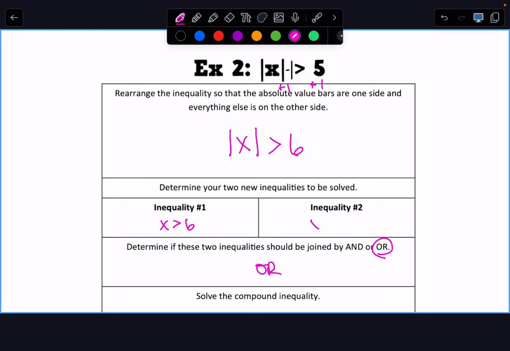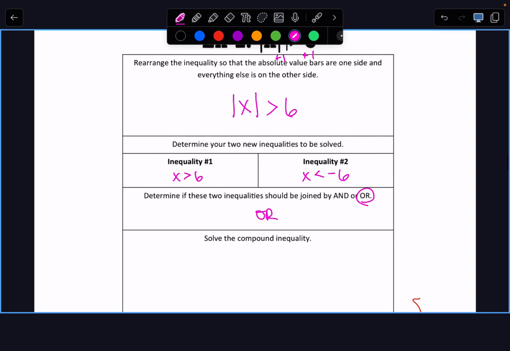We ditch the absolute value sign, we change the sign, change the sign. So what we're dealing with, x is greater than 6 or x is less than negative 6. Since I didn't have anything more than x inside the absolute value, we don't have any more algebra to do.